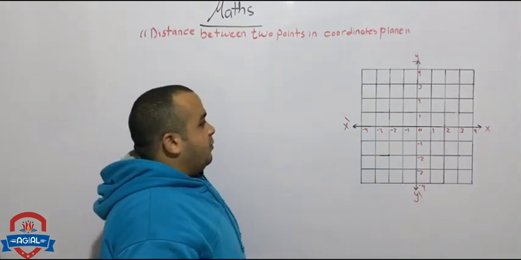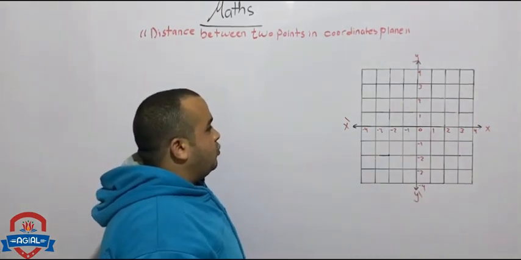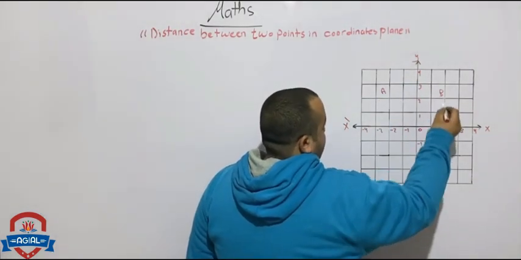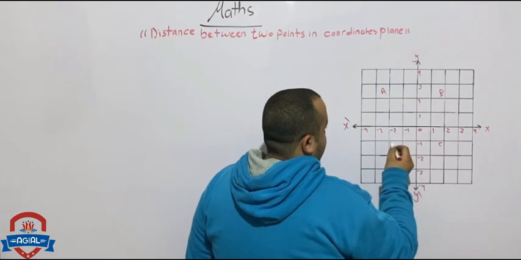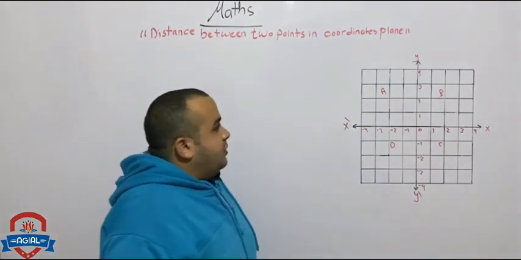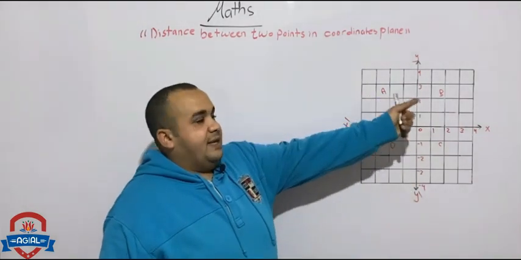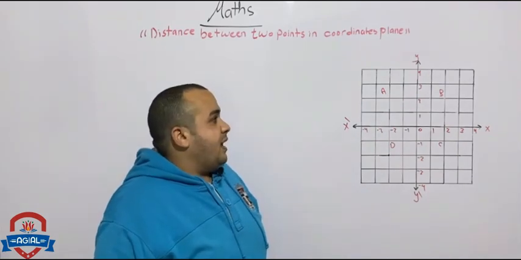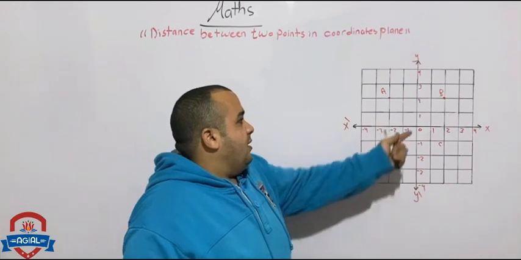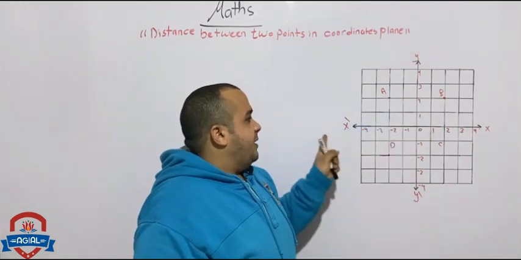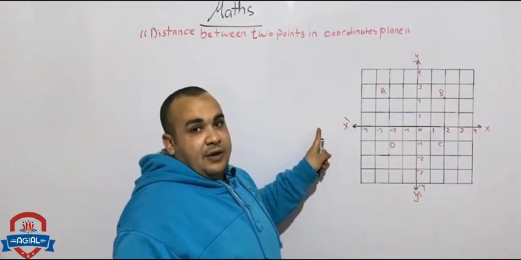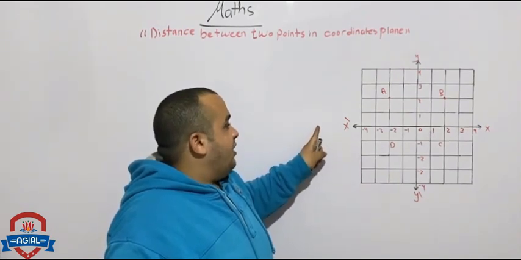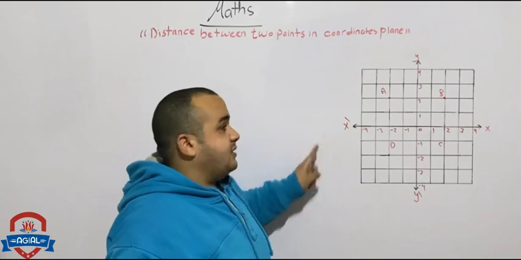So if we need to find the distance between 2 points like A, B, C and D. To find the distance between A and B, we have to find the length of line segment AB. And notice that the line segment AB is parallel to the straight line XX dash. So we can use the straight line XX dash to find the distance.